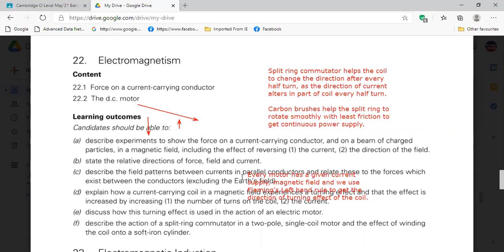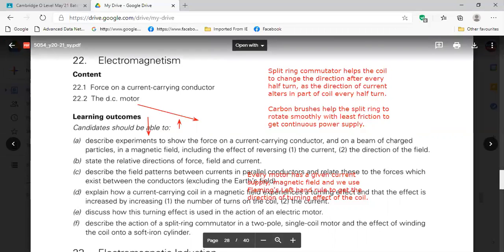So to make the forces stronger, and the rotation is much stronger. That's why we are using soft iron cylinder. Is it clear? Yes, sir. So we are done with this topic.